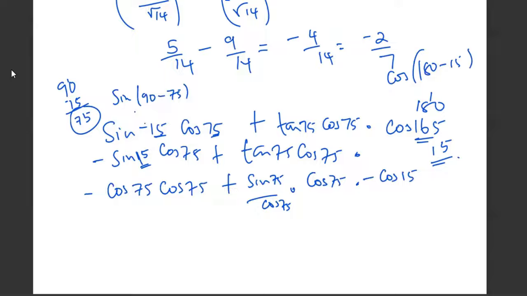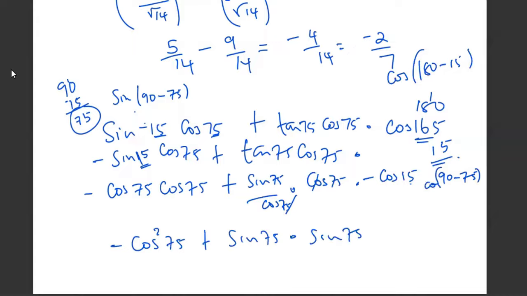And if it's a negative cos 15, I know that this is going to be a 90 minus 75, which will give me now a positive. Okay, so I have a negative cos squared of 75. This cancels that. I have a sine 75. And then if I bring in a cos of this, it's going to give me a positive sine of 75. Is that true? Yes.